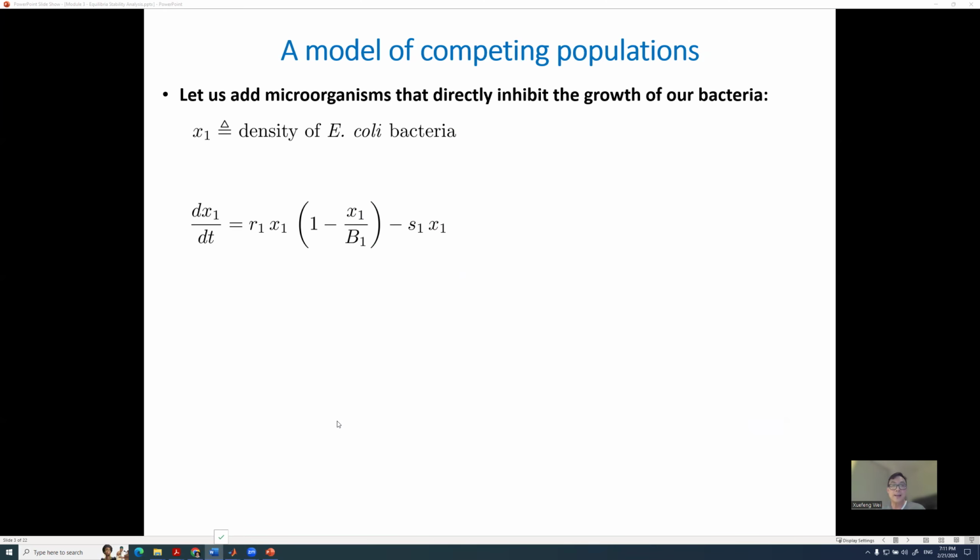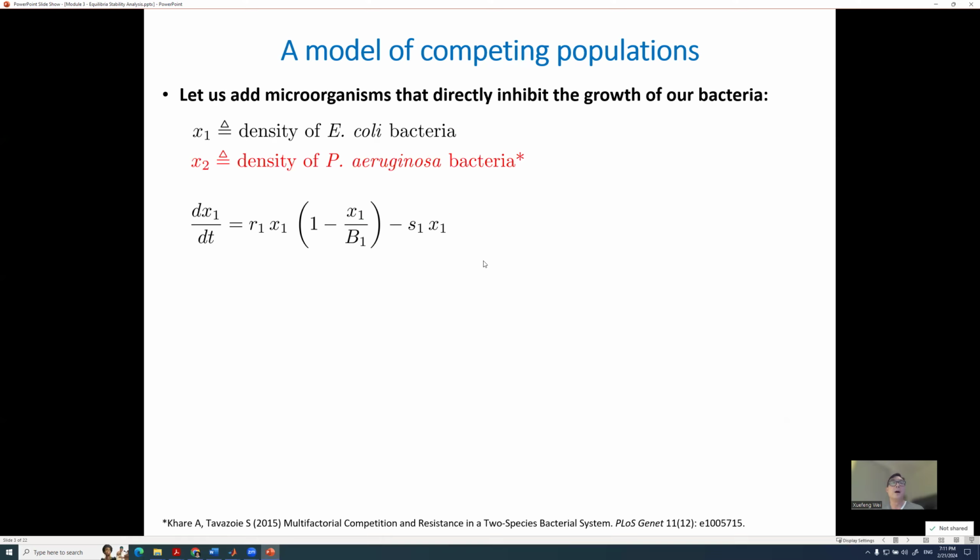For instance, let's say that in the same living environment, there are two types of bacteria. One is the E. coli bacteria we just described, with density expressed as X1. Suppose there's another type of bacteria, P. aeruginosa, which are bacteria found in the skin flora.